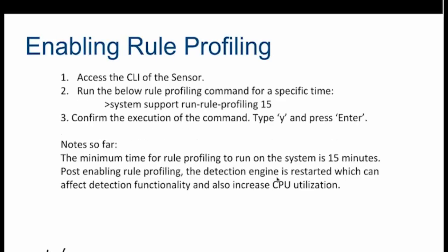To enable rule profiling, there's a command: system support run-rule-profiling, and 15. 15 is the time frame for how long you want to enable this rule profiling. Once you enable rule profiling, the system detection engine will restart and will log more granular data to the hard drive about the component and the number of CPU cycles being used.